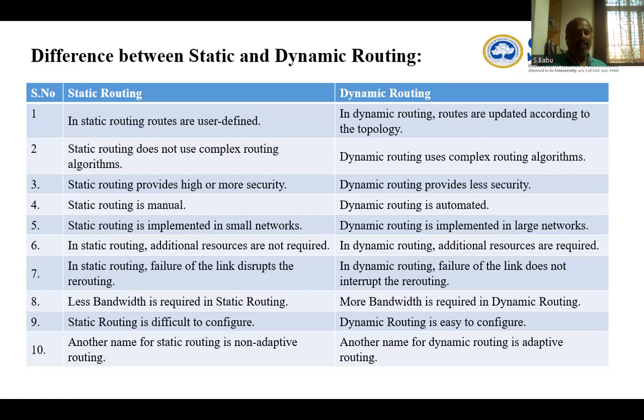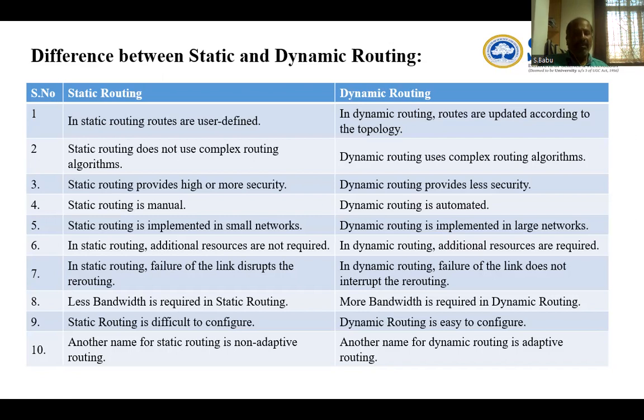Second point, static routing does not use a complex routing algorithm, while dynamic routing uses a complex routing algorithm. Third, static routing provides high security, and in dynamic routing, there is very little security.